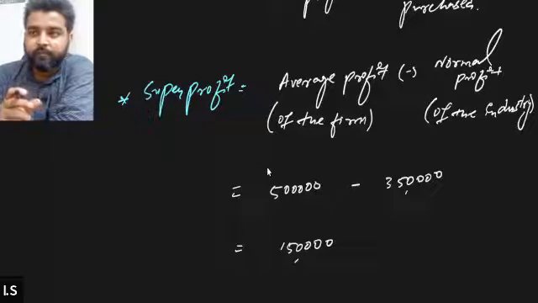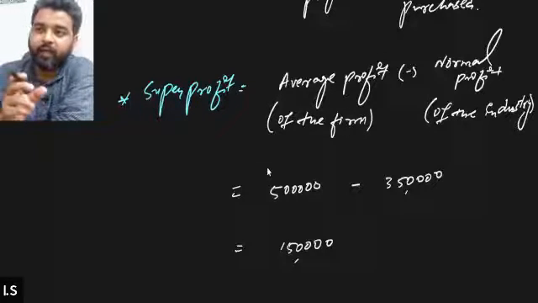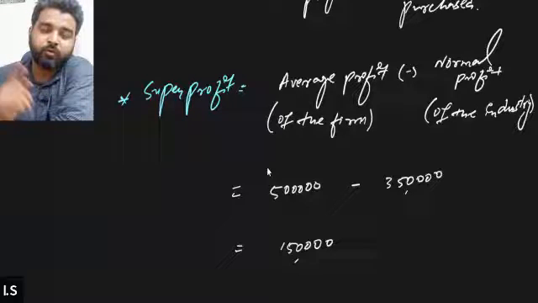The difference between the average profit and the normal profit is called the super profit. Average profit means the profit that the firm usually generates in a particular year. Normal profit is the amount that the industry gives you.